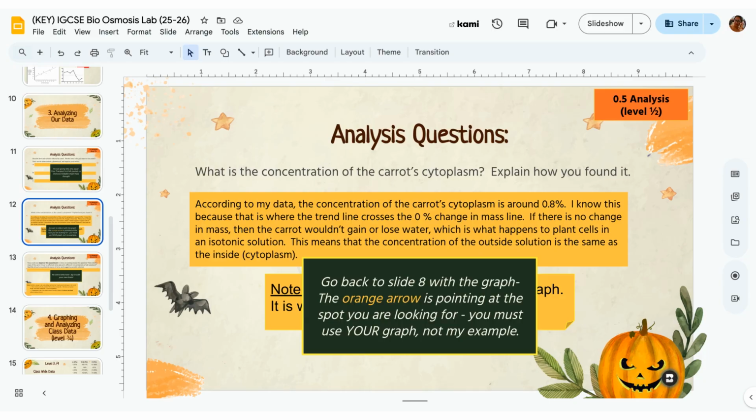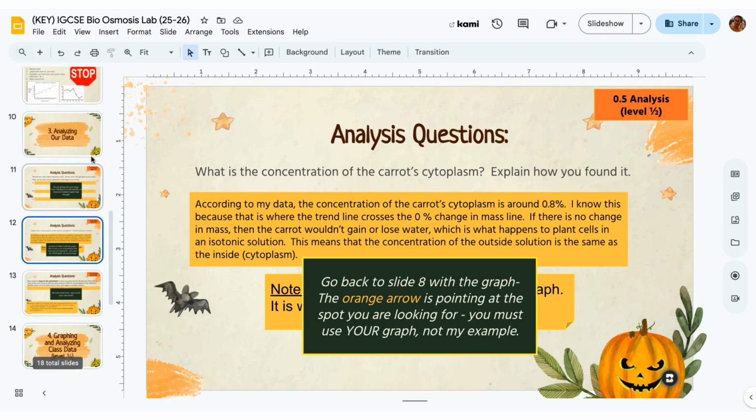What we want to know is where the trend line that we put in on our graph crosses the 0% change in mass line, because that should be equal to the carrot's actual cytoplasm. Because that's where it would be if there was no change in mass. That means it doesn't gain water or lose water.